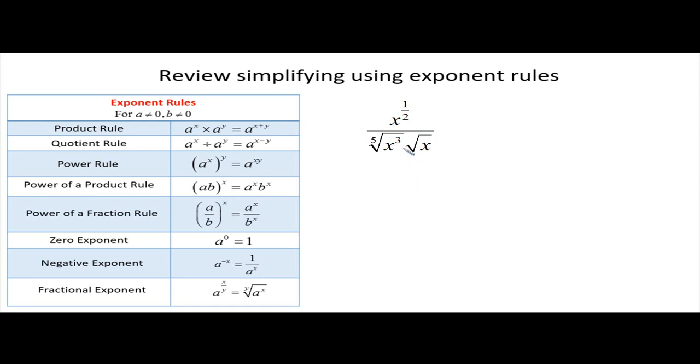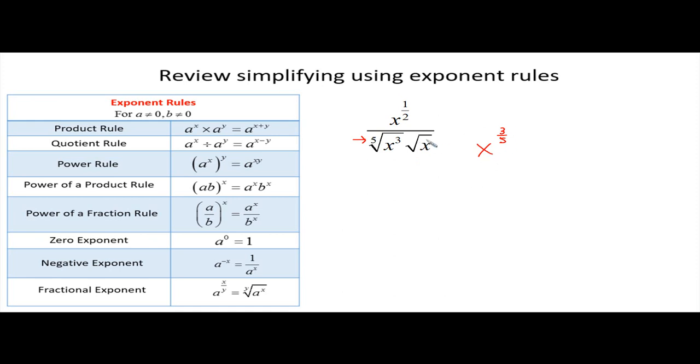On the bottom here, I'm going to change these radicals into exponent form. To do that, remember that whatever type of radical it is, that's just going to become the denominator of your exponent. So this right here is just going to become x to the 3 over 5. In this case, it's a fifth root, and this tells you that 5 should be the denominator when you change this to exponent form.